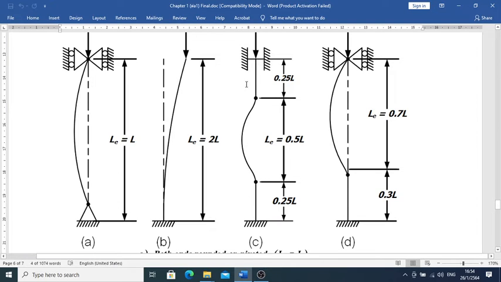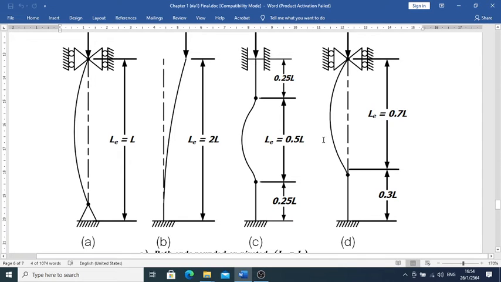This is most of the machine parts that we typically deal with. And D is going to be another type of machine part. We fix one end, and the other end we just allow to move in only one direction. Okay, another one where we just fix it. We have the L sub E equal to 0.7L.